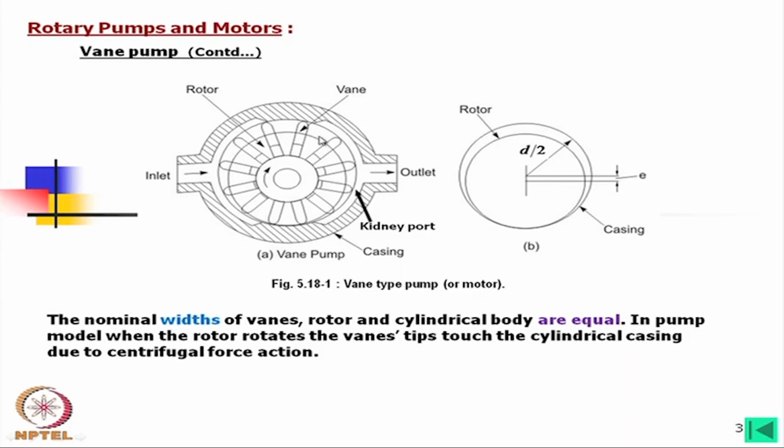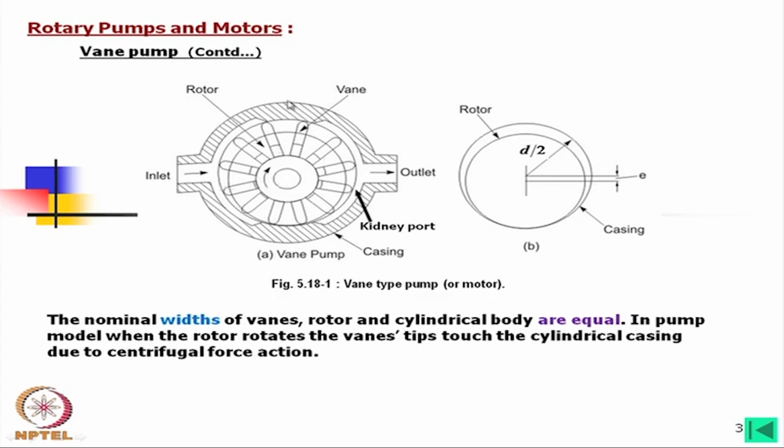The rate of change of area is equal to the rate of change of volume. So, definitely there will be expansion and compression, and this can act as a pump, and the reverse process will be the motor. Now, how is the valve arrangement?